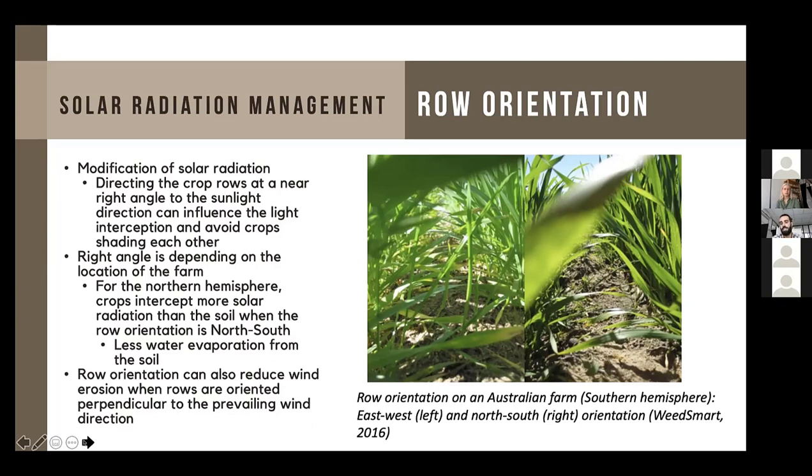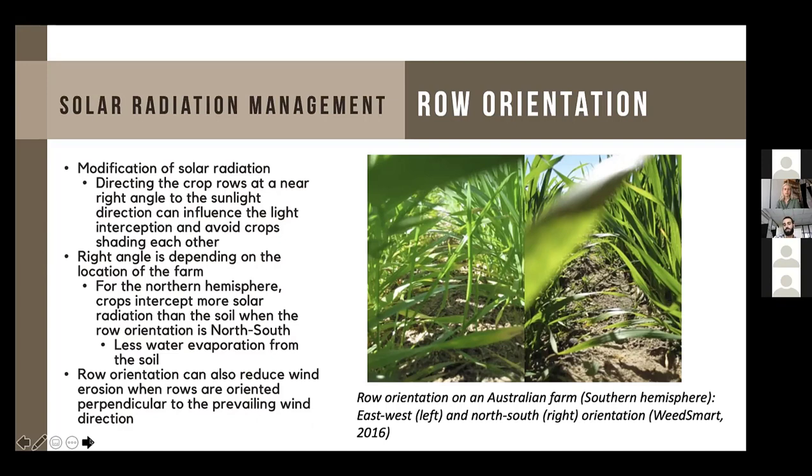This is based on the assumption that the spacing between rows is larger than the spacing inside the row. That's why you have less shading on each other if you choose this orientation. What you also do in this case is you reduce the amount of solar radiation that's hitting the bare soil in between the rows. So that's worth considering as well.